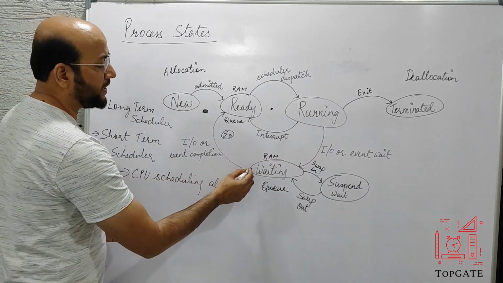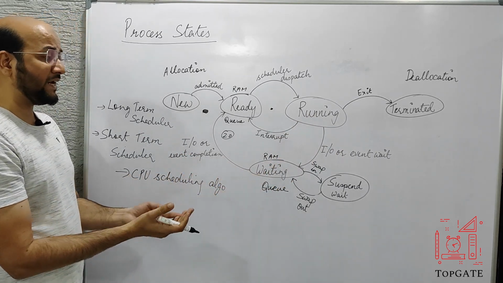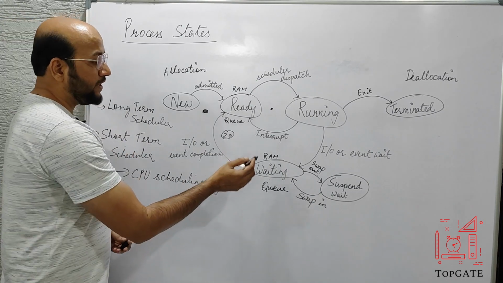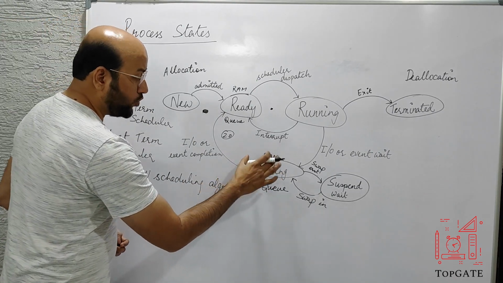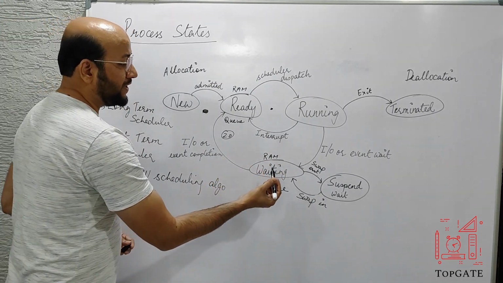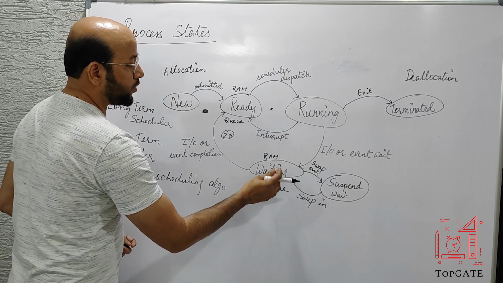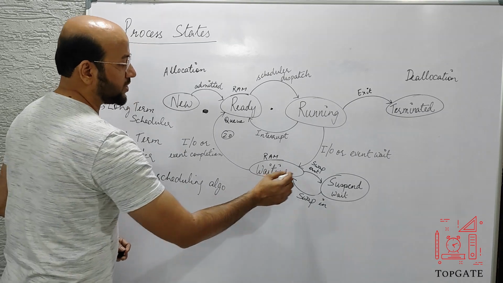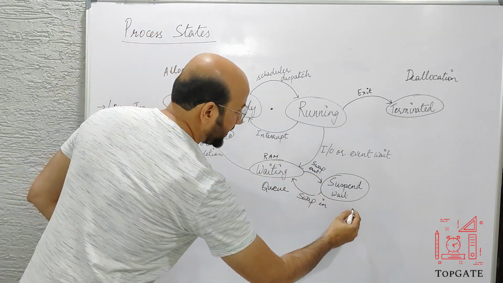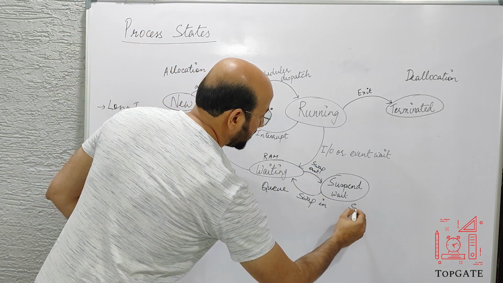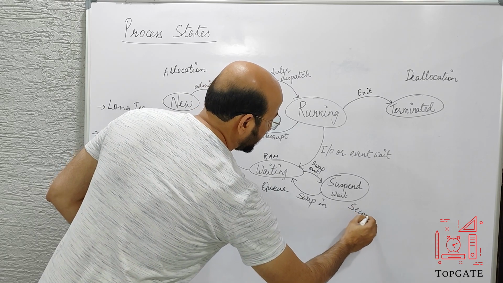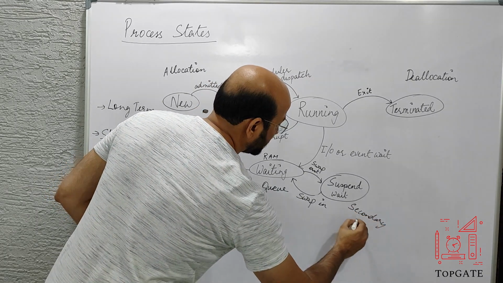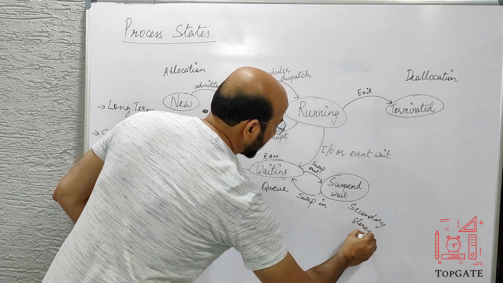These processes are waiting in the waiting queue, and they are not able to get their requirements. So instead of increasing the load on the RAM, what we'll do is shift these processes from the RAM to the suspend state, from the waiting state to the suspend state. Now this suspend state is on the secondary storage. Fine, it is there on the secondary storage.